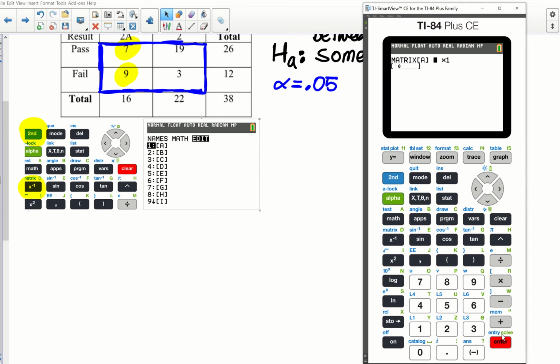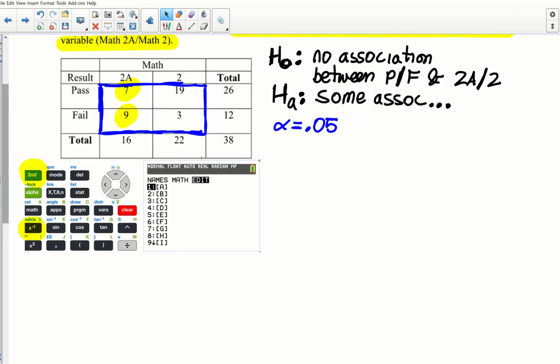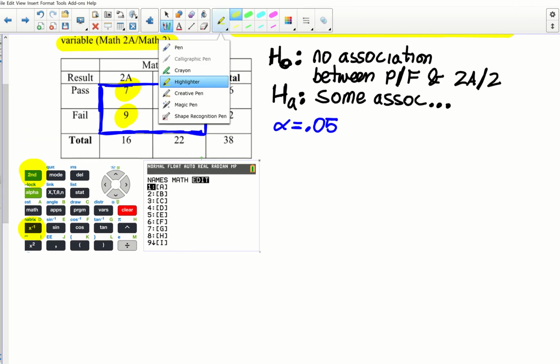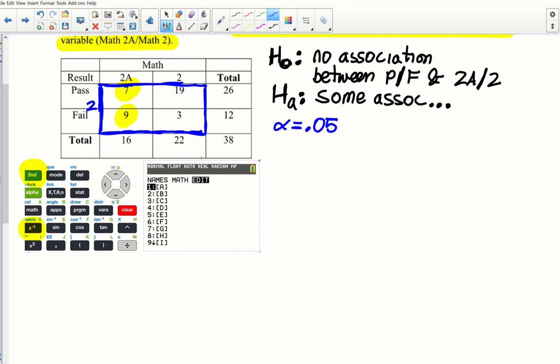We want to type in the dimensions of our matrix. So our matrix has 2 rows and 2 columns. We can tell that by the table that we're given. We don't include the totals. So 2 rows, 2 columns.